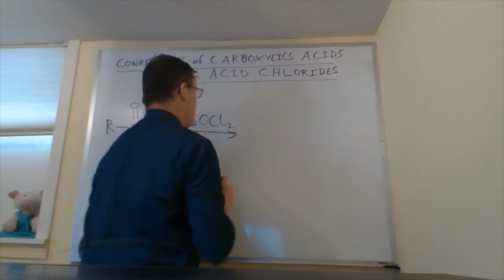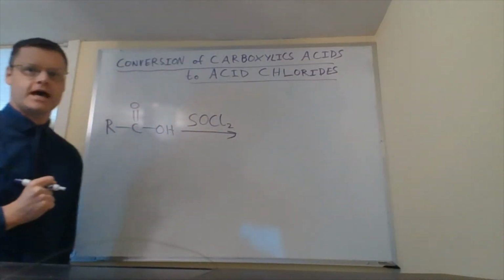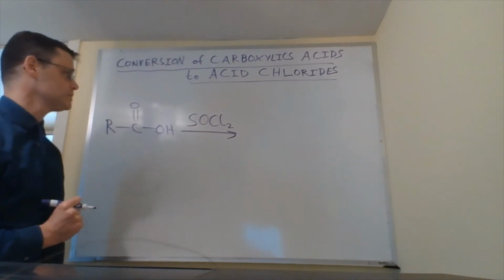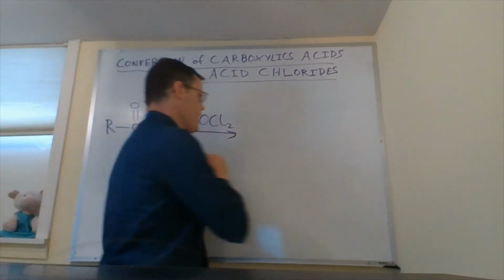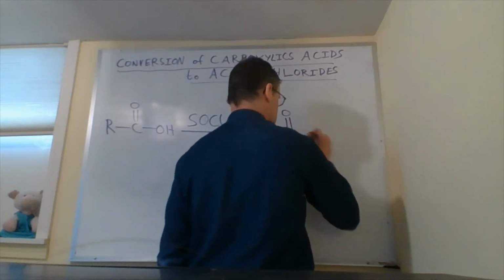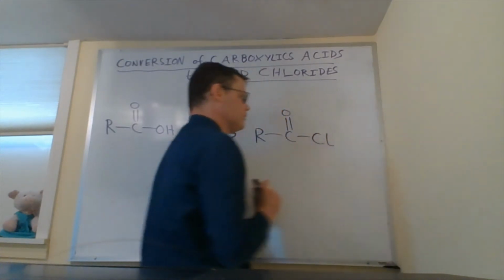You could also do this with oxalyl chloride, but I'm going to show the mechanism for thionyl chloride and focus on that. What that does is we replace the hydroxy group with a chloride.